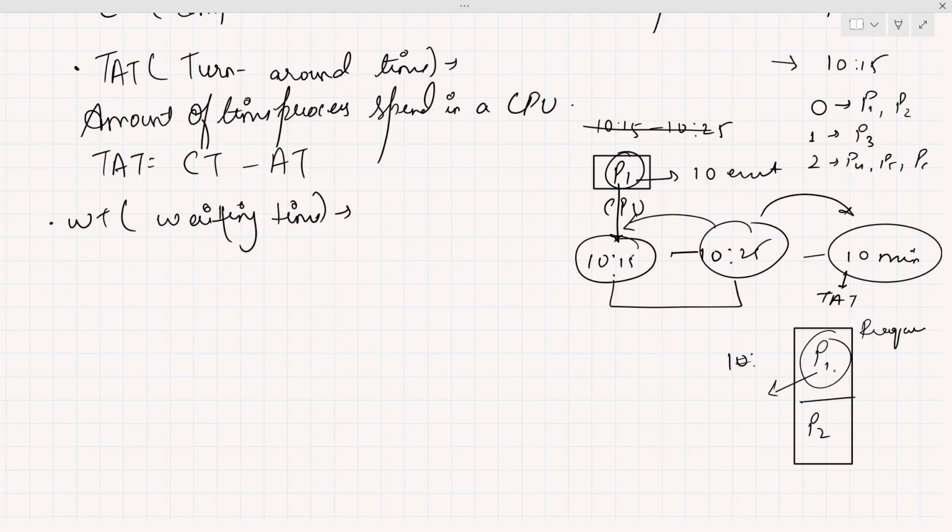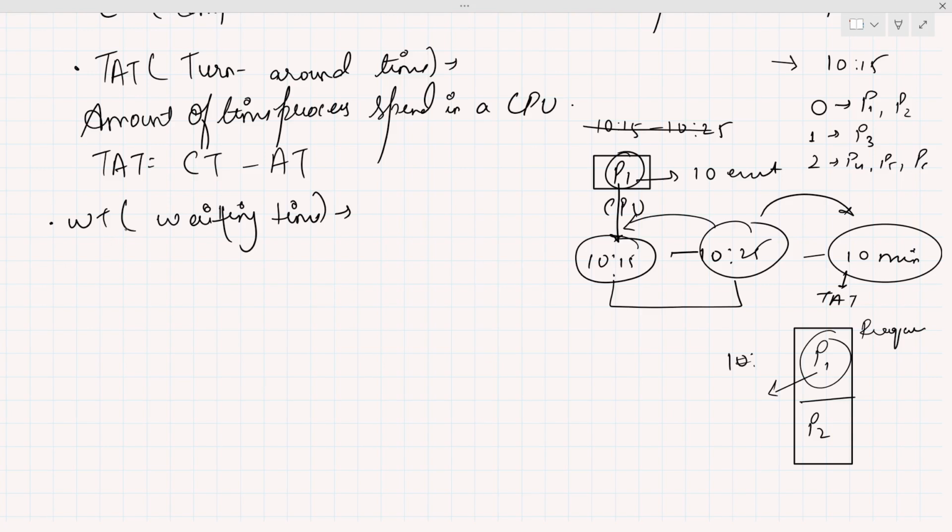Why is it waiting? Because it wants to perform some operations like IO operations, so it waits until the user gives input. That wait is basically the waiting time.